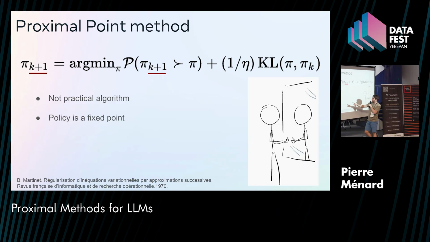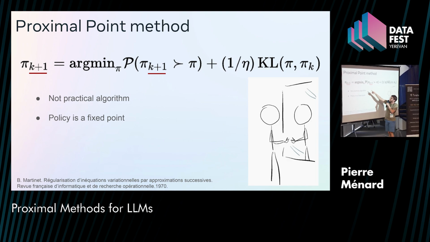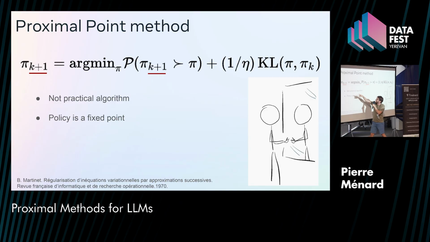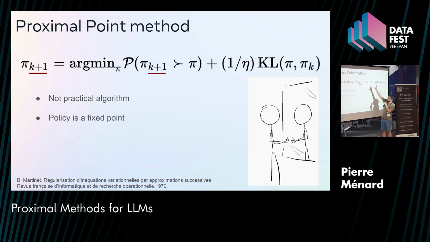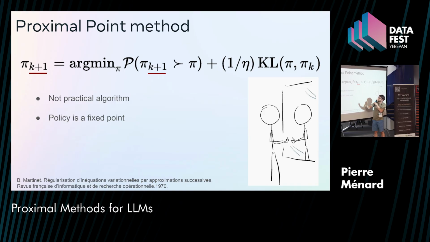One important point to note here is that your update is just the solution of a fixed point problem. You have this big operator where you fix the previous iterate, and if you apply it to your update, you will get it again. So it's a solution to a fixed point.